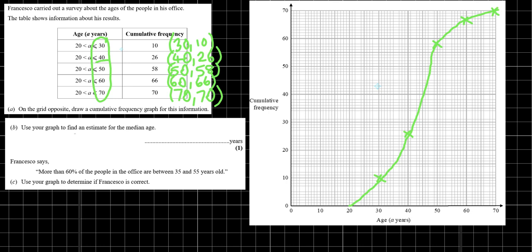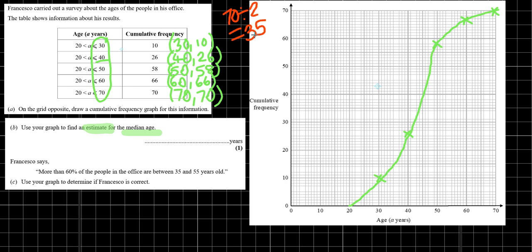Part B, use your graph to estimate the median age. So the word estimate means that we're going to use our estimation. It doesn't have to be accurate, but we do have to understand what median age is. So median age is, if I've got 70 people in the office, half of 70 is going to be 35.